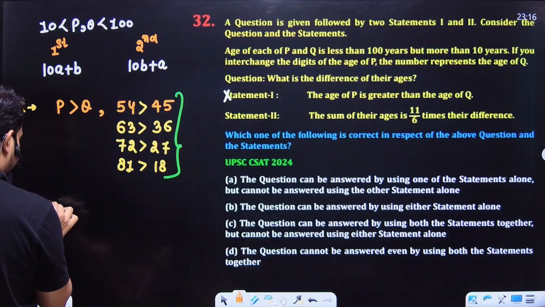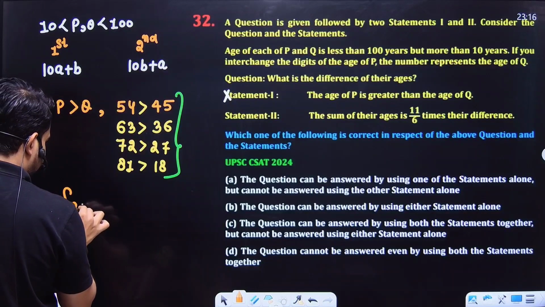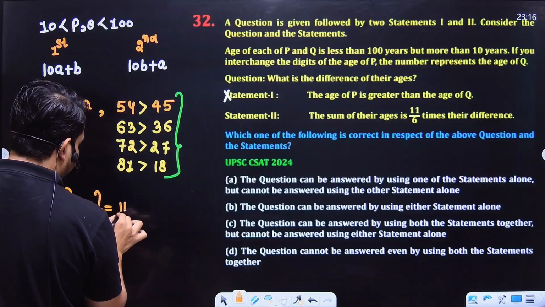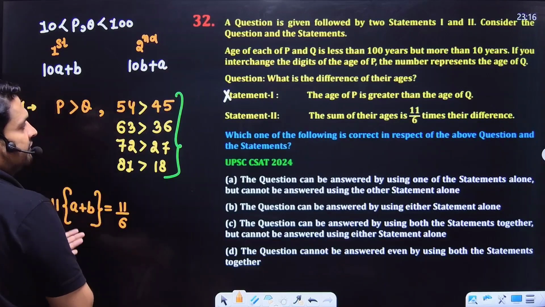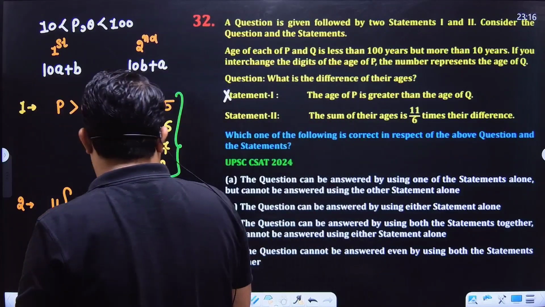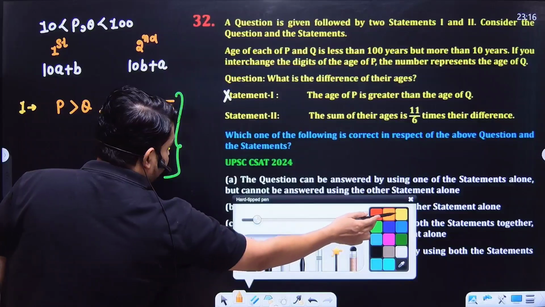If I take 11 common, I get 11 times A plus B. This is the sum of their ages.